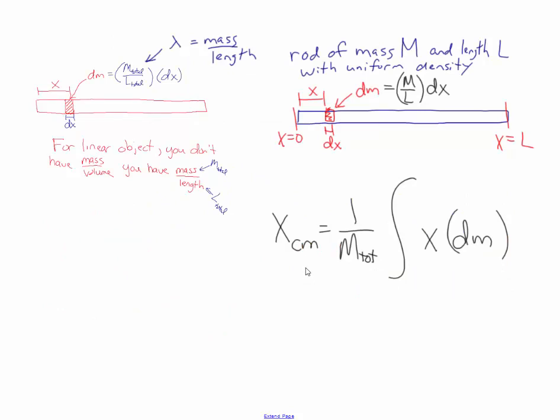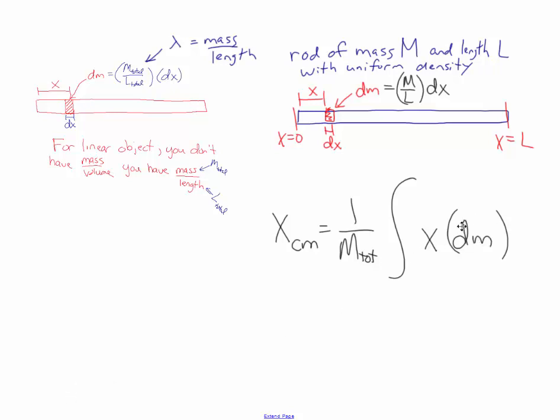And so to find the center of mass of an extended object, the equation becomes 1 over the total mass times the integral of x dm. Again, this is the same equation that we had before, the m1 x1 plus m2 x2 plus m3 x3, and so on, all divided by the total mass.